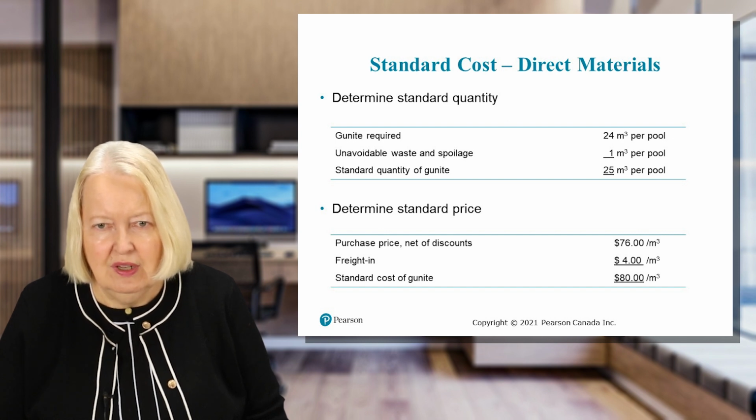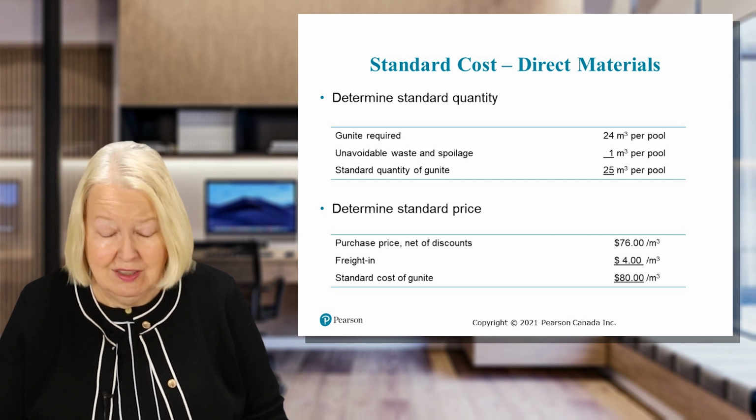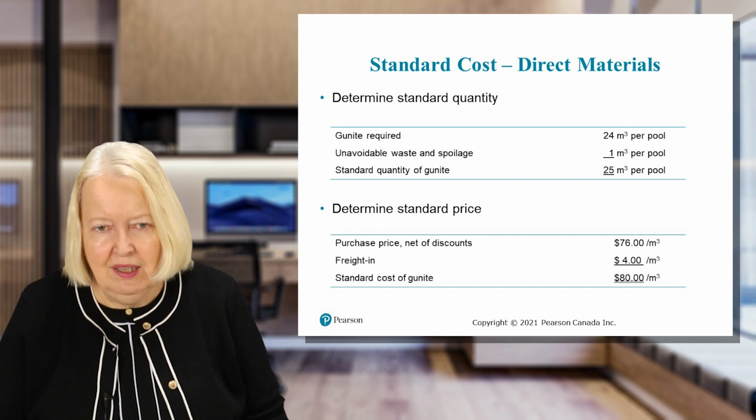For the Gunite, we need 24 meters per pool, so we're looking at swimming pools. Plus, there's always waste and spoilage when you're making something, so they're allowing 1 meter for wastage. So the standard quantity of Gunite that you would expect to use is 25 meters.